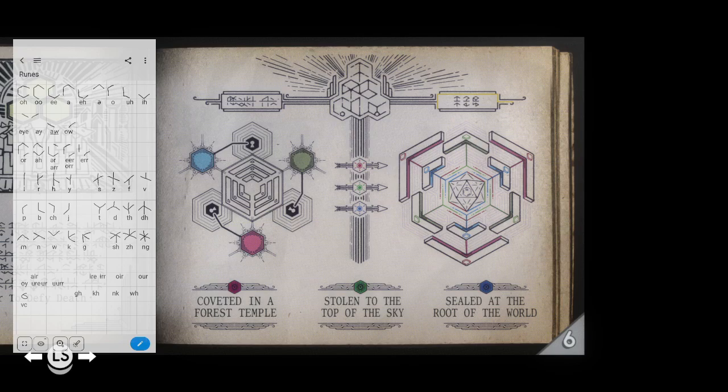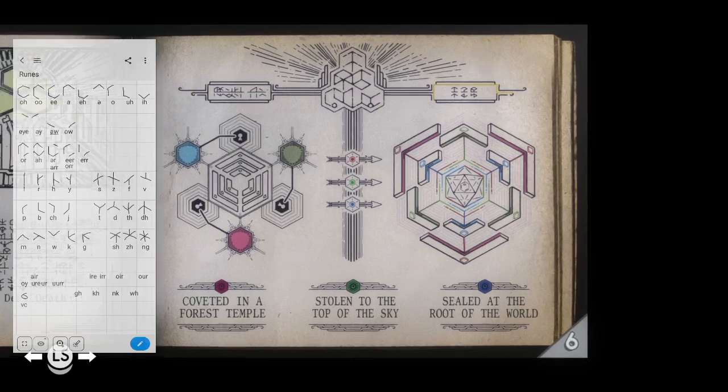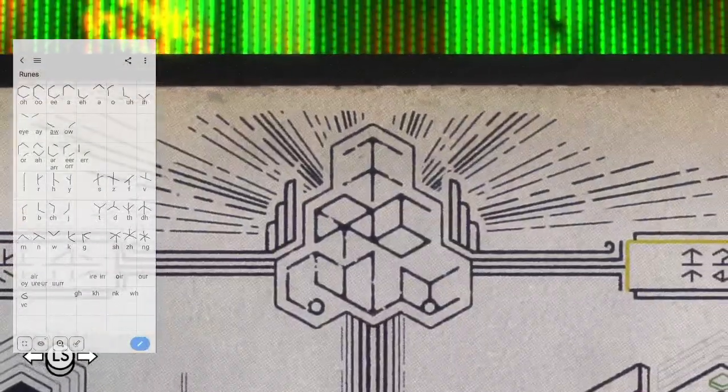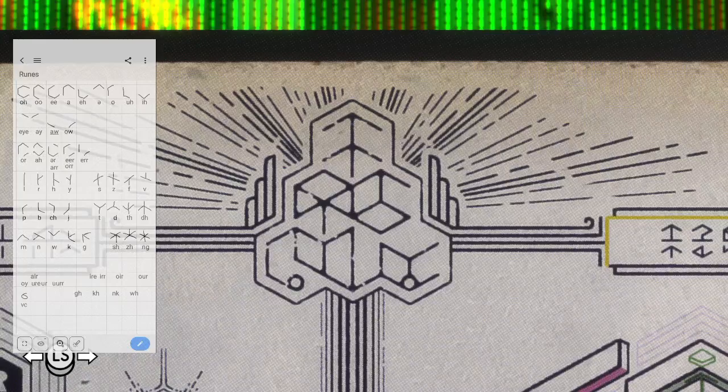Oh, those are some runes at the top as well. Be a bit interesting. Let's actually start with these. Just write these out phonetically. I'm going to have to write these out manually. What we got here?